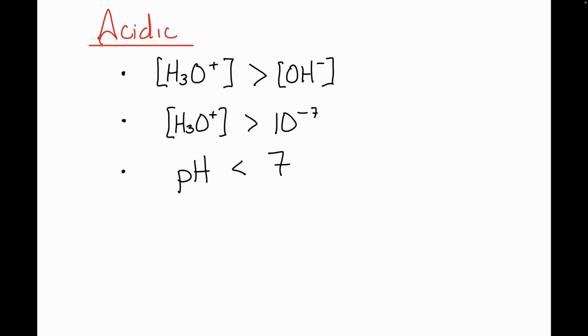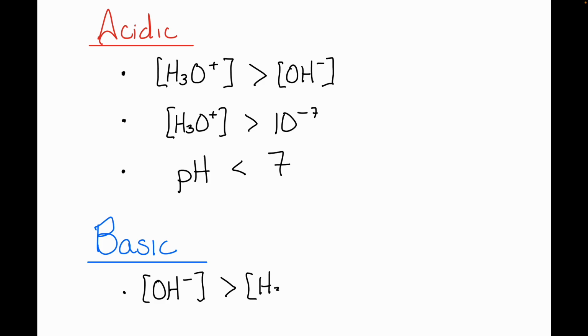All right, likewise, we would call a solution a basic solution if the concentration of hydroxide was the one that was greater, concentration of hydroxide is greater than the concentration of hydronium.